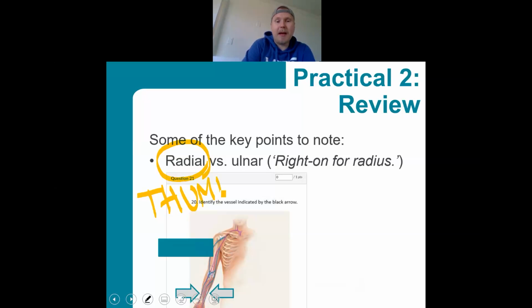One of the mnemonics that one of my students told me that they use is that you put your thumb up when you're happy and you say right, that's correct. So you say right on for radius. So radius is on the thumb side and ulna is then on the pinky side.